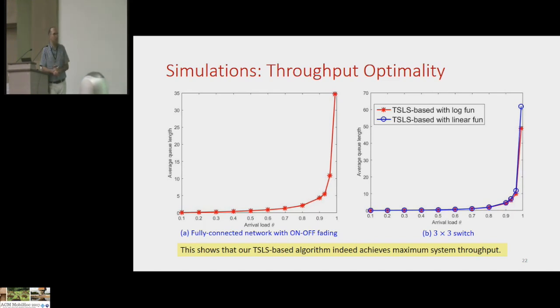In the other case we also observe stability, which we should for the logarithmic choice, but we also get it for the linear choice of the function. That's interesting. We don't have a proof of that. There's no proof at this point showing this policy with a linear function is throughput optimal, but it seems to exhibit such properties, at least in the setups we looked at.